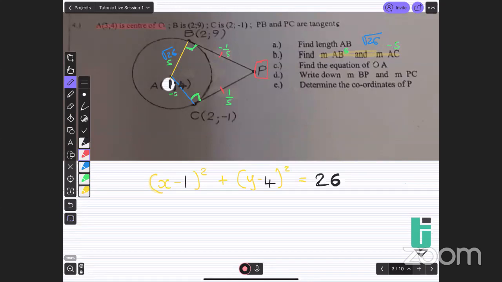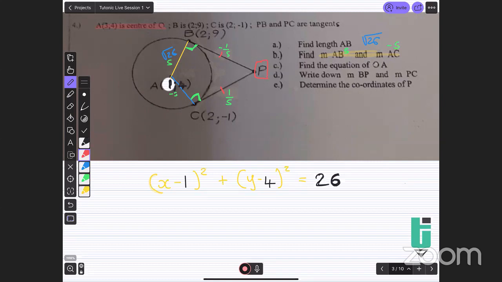Yeah, that's where they intersect, so you can equate the equations. What are you going to equate? BP and PC, if you work out the equation of that. Do you agree that BP equals PC? Yes.